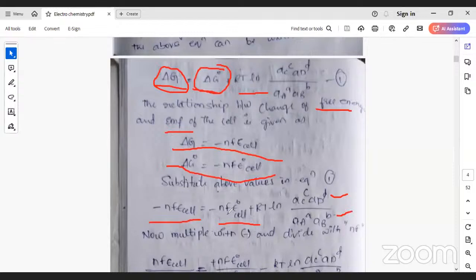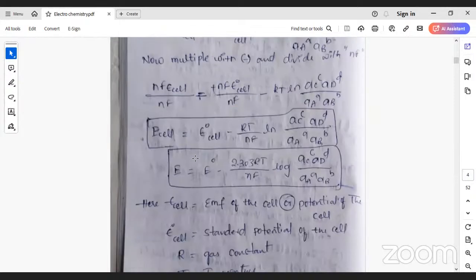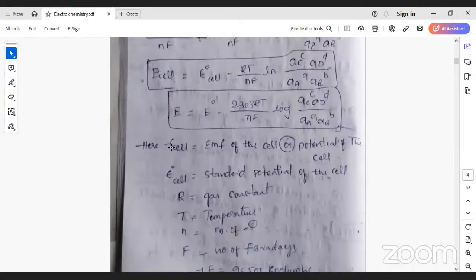To simplify, we remove the minus nF because we want only E cell, the EMF of the cell. That's why we divide by minus nF on both sides. Finally we get the Nernst equation. There are two forms of the Nernst equation, one with ln and the other with log.